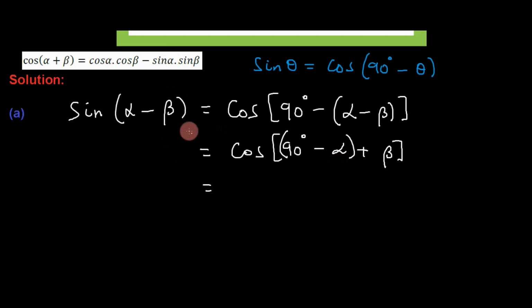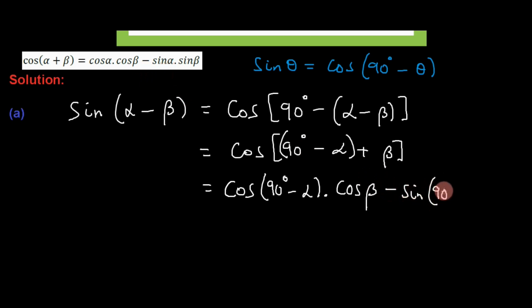So it's a cos of alpha, but now of course the cos of 90 degrees minus alpha times the cos of beta, then minus the sine of alpha, which now is the sine of 90 degrees minus alpha, and then times the sine of beta.